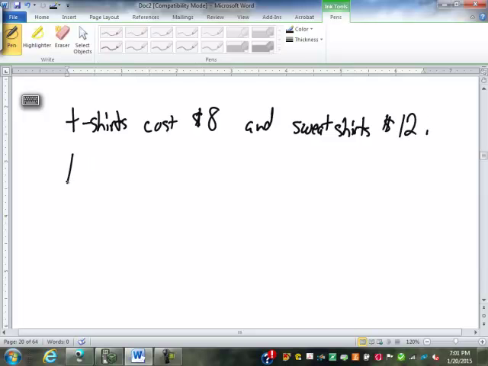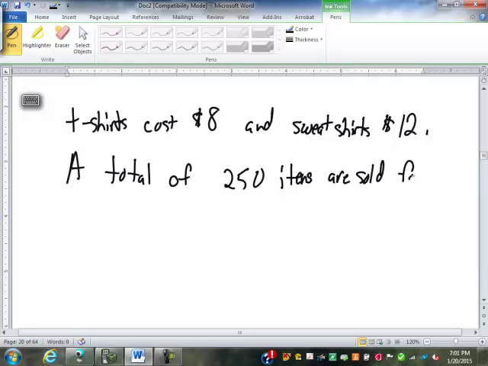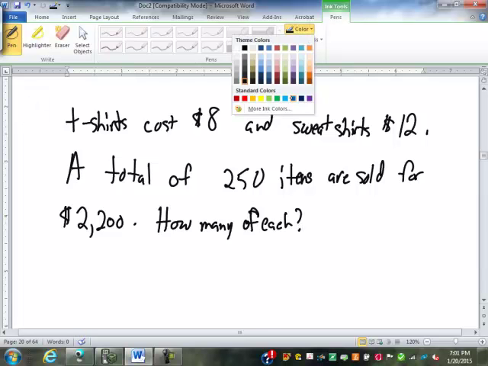But this time, a total of 250 items are sold for a total of $2,200. Once again, how many of each? So how many of each were sold?